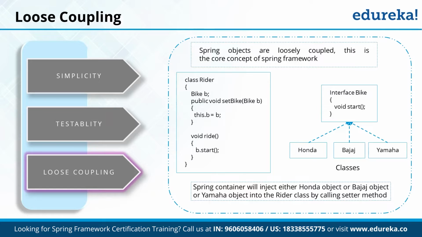We got this interface Bike available and we have a start method. We got various classes like Honda, Bajaj or Yamaha, right? They can implement the interface Bike and they will have a method like start, right? And at runtime we can set the bike to be either Honda, Bajaj or Yamaha.